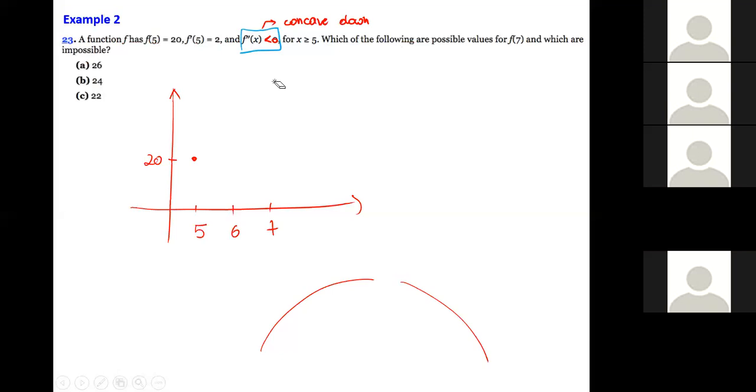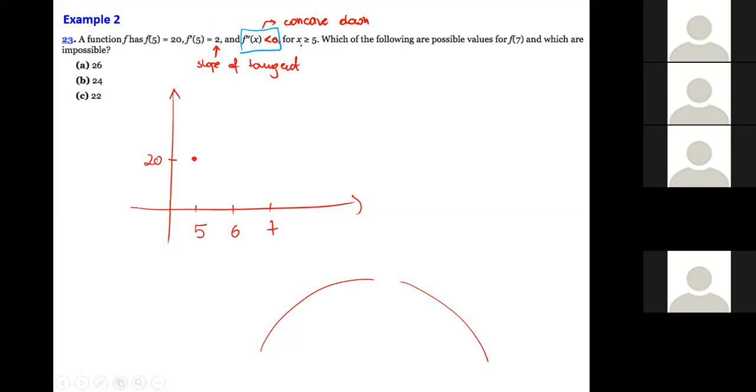But what I also know is that the value of the derivative at 5 is 2. This means that if I draw a tangent, the slope is 2. That means this is the slope of the tangent.